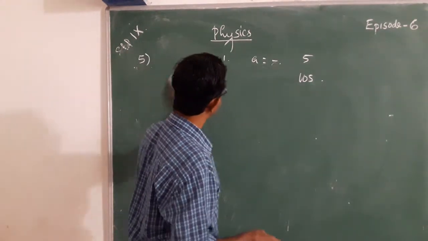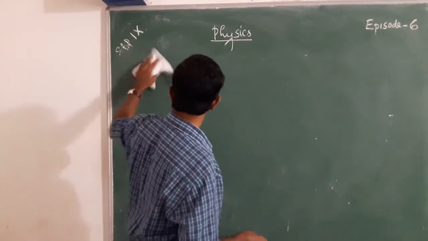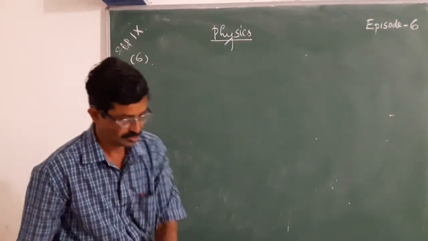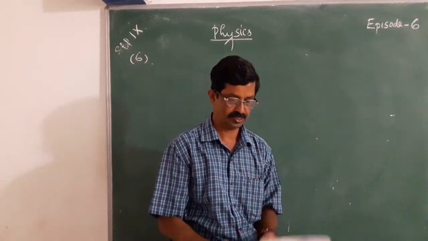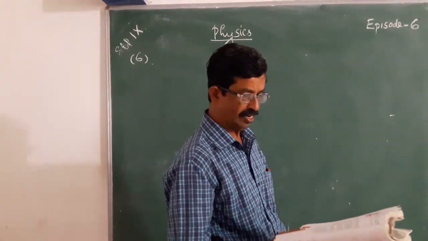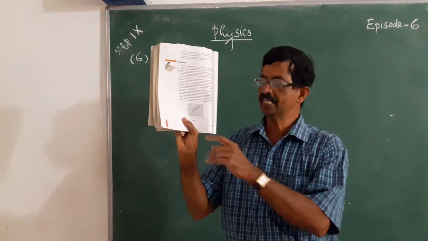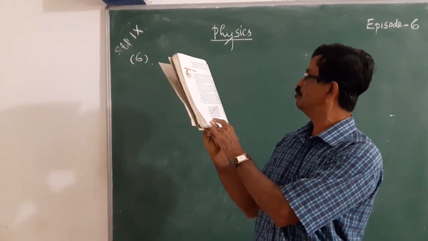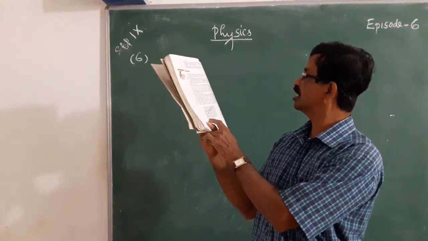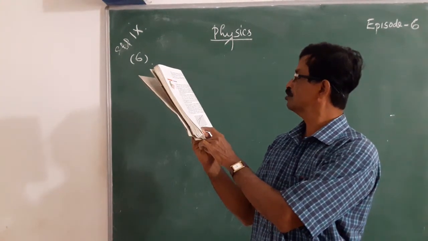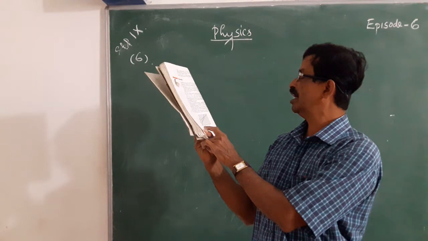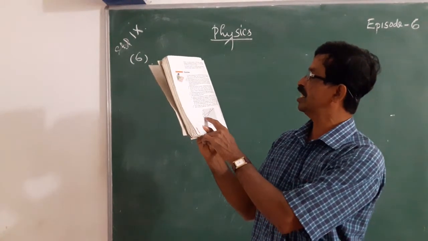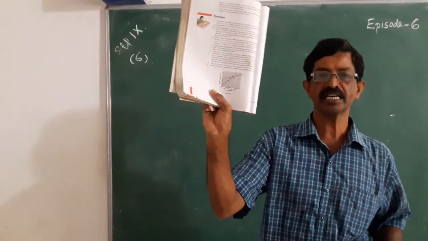Okay, now question number 6. Here a graph is given. See the graph? On the x-axis, 0 to 4, 0.4 is given as 1, 2, 3, 4, 5 lines, and on the y-axis 0 to 4 is given as 7 lines, and 3 graphs are given here.